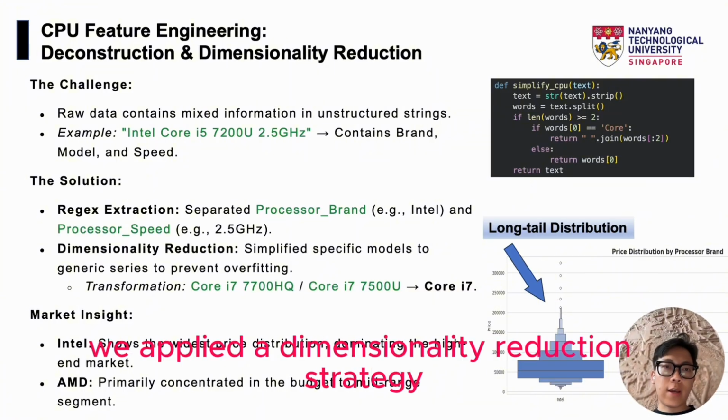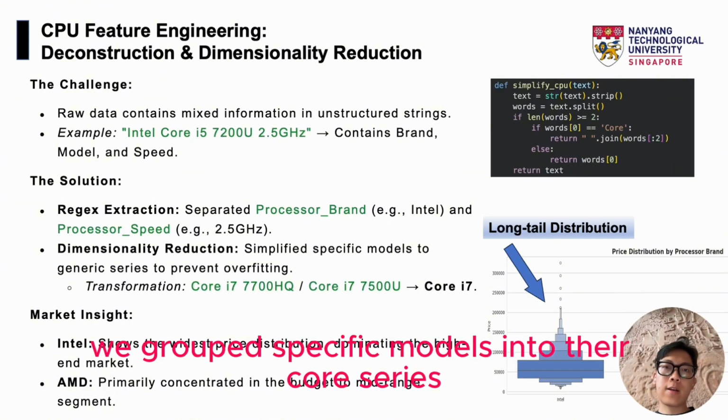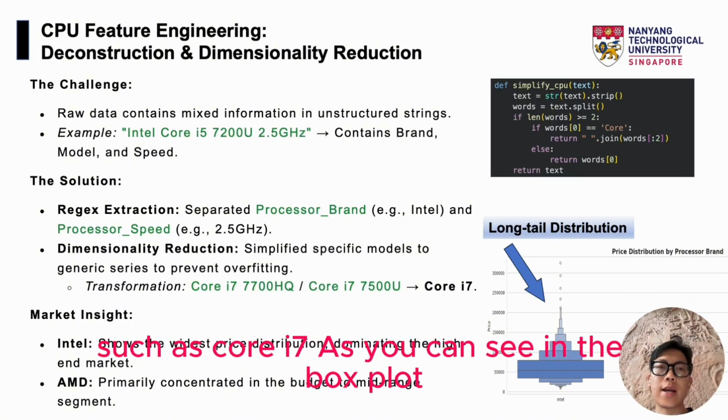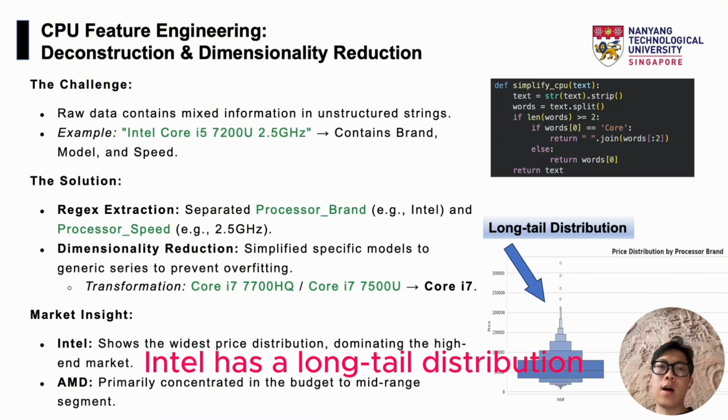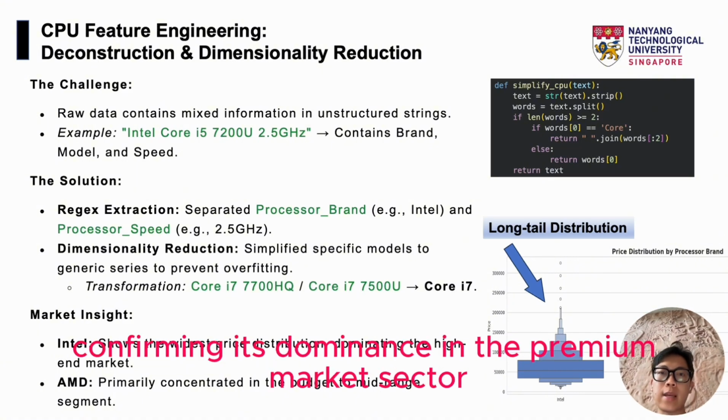To solve this, we applied a dimensionality reduction strategy. We grouped specific models into their core series, such as Core i7. As you can see in the box plot, this cleaner data reveals that Intel has a long-tail distribution, confirming its dominance in the premium market sector.